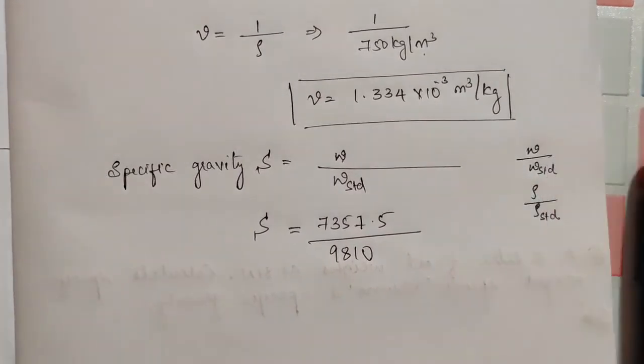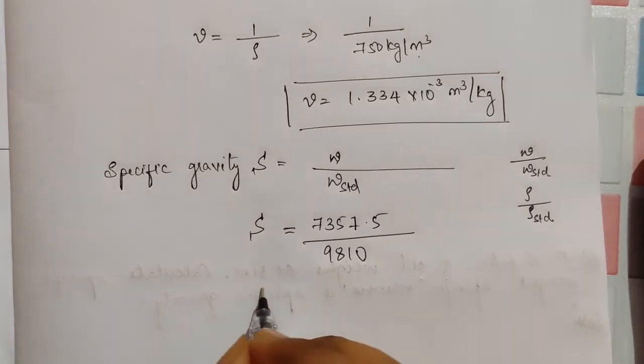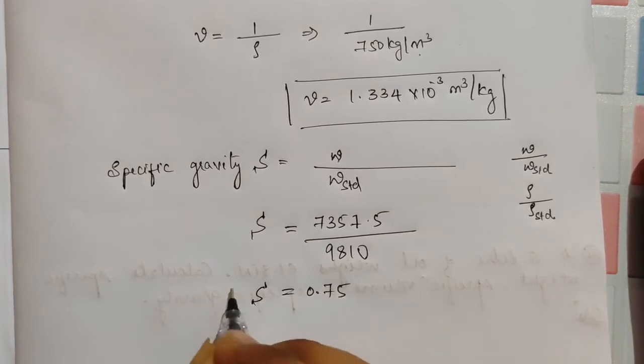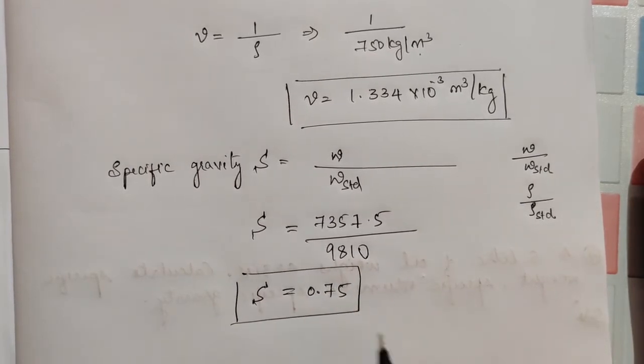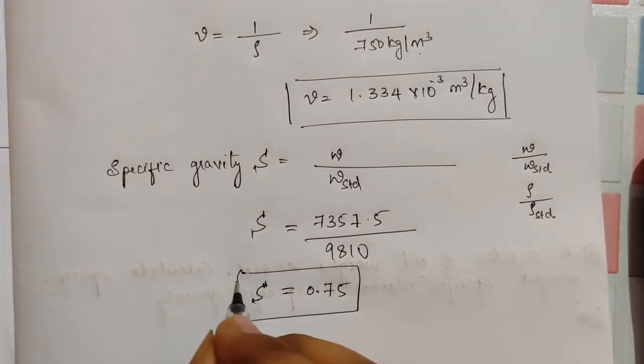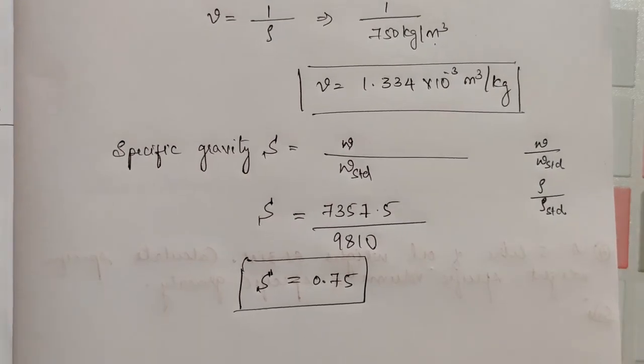Once I substitute 7357.5 divided by 9810, I'll get the specific gravity as 0.75, and it is a dimensionless quantity. So dimensions are very important in this subject.